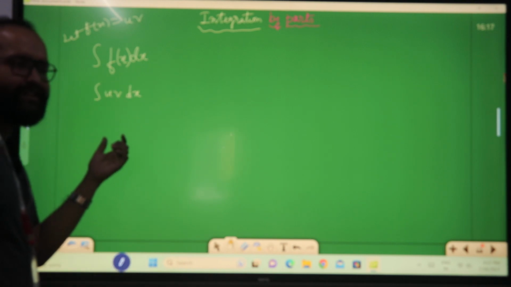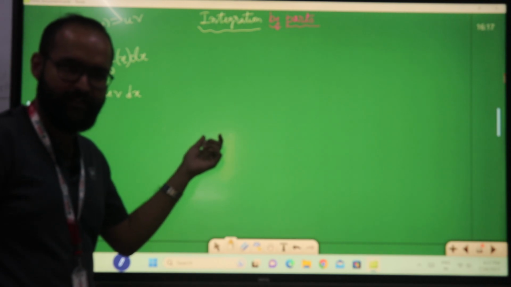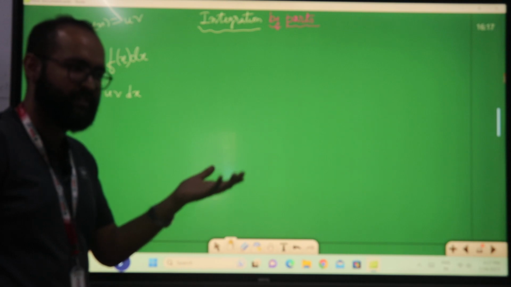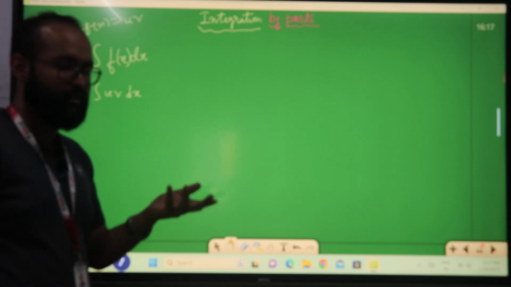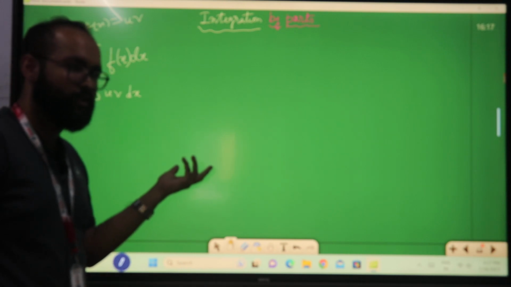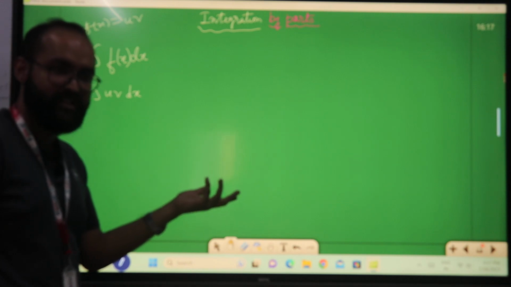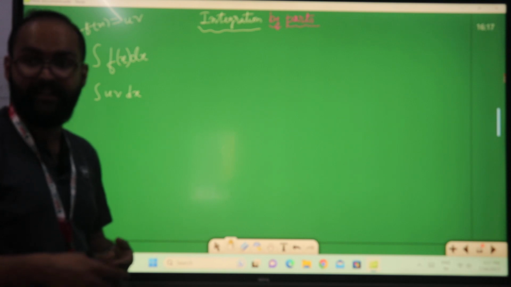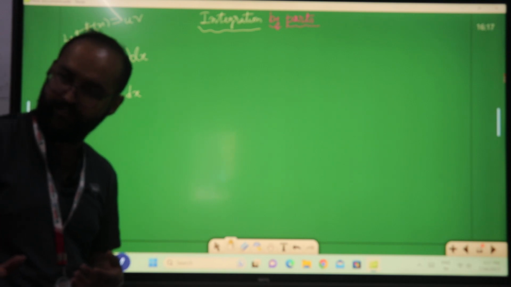What are u and v? They are any functions of the variable x. They can be polynomials like x, x square, x cube, 3x plus 1, anything. Or they can be logarithm, log x, sin x, trigonometry, inverse trigonometry, sin inverse, cos inverse, tan inverse, exponential, e power x, anything. Okay?